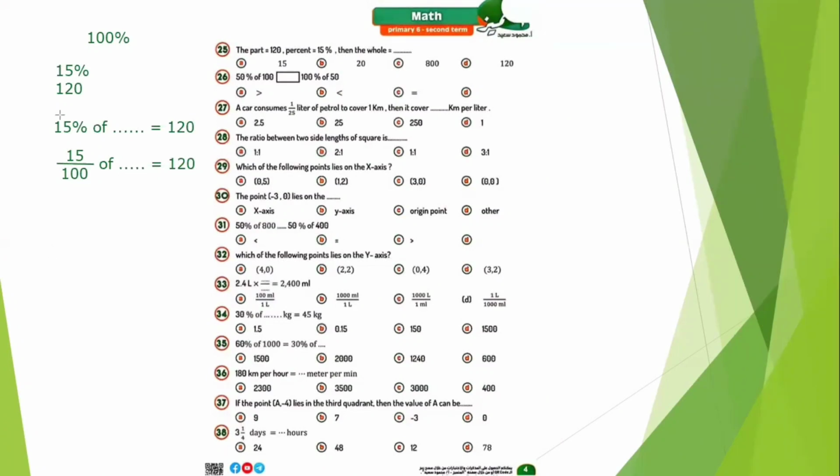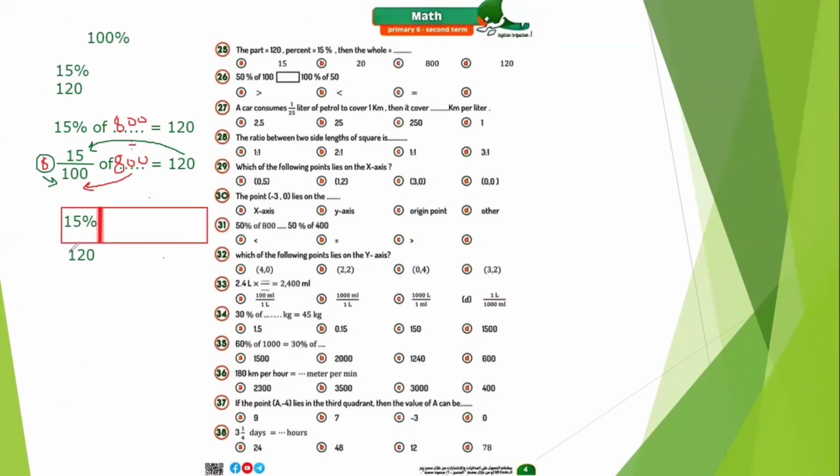I don't know the whole, so I will divide 120 by 15, then multiply the answer by 100. 120 divided by 15 equals 8. 8 times 100 equals 800. Let's check the answer. 800 divided by 100 equals 8. 8 times 15 equals 120. So this is correct.